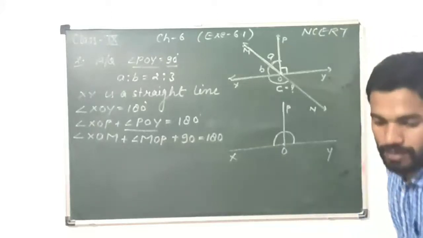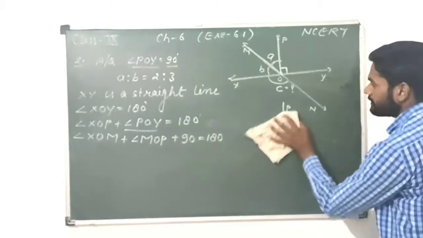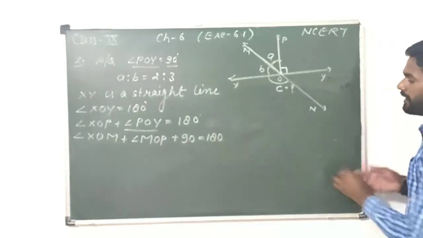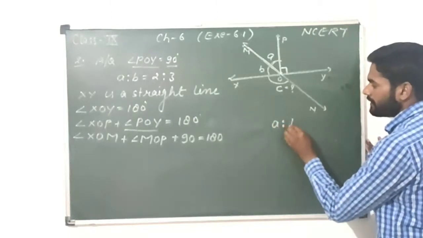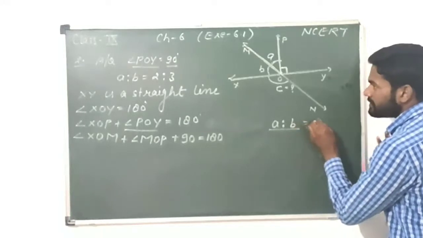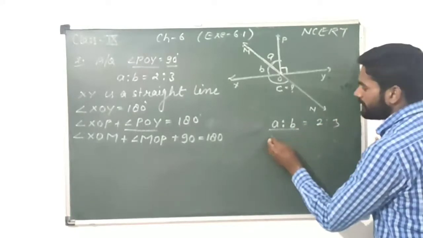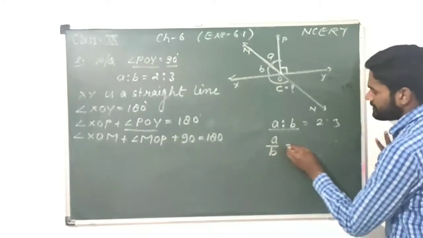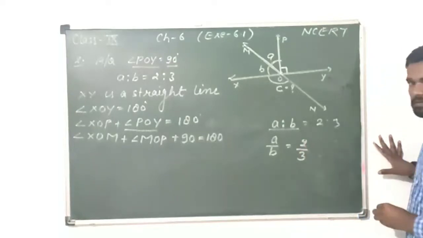Now look, let me explain a little more on the side. This ratio is given, angle A to angle B, which is 2:3. From here we can say that A upon B is equal to 2/3.